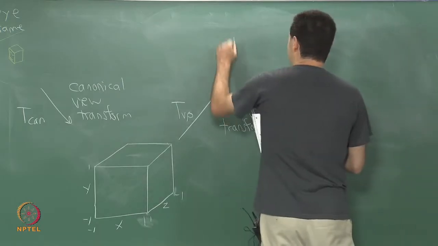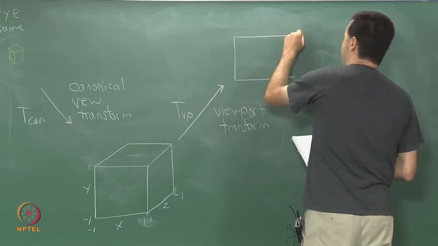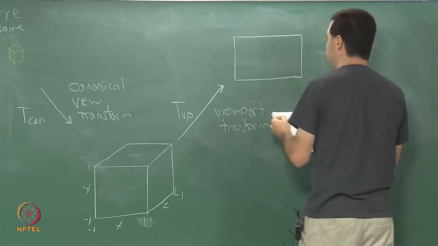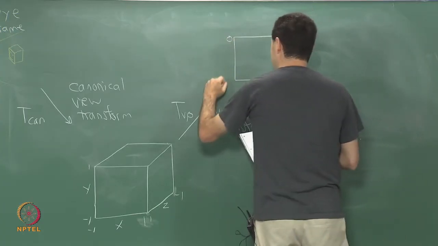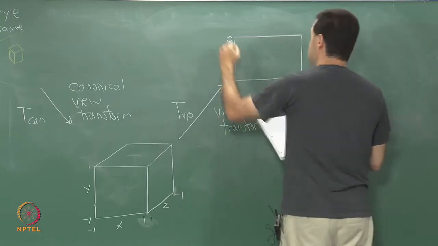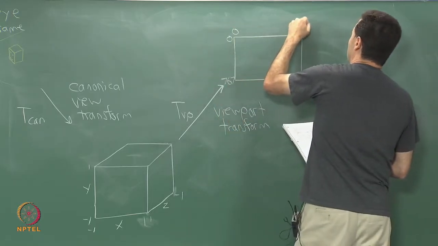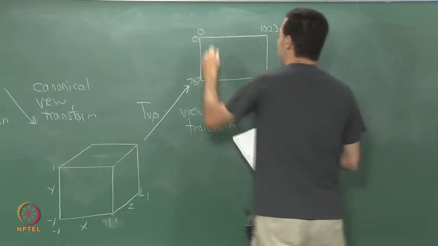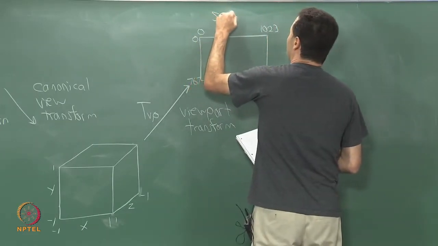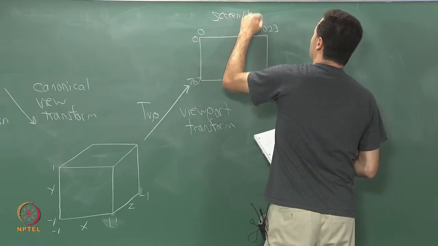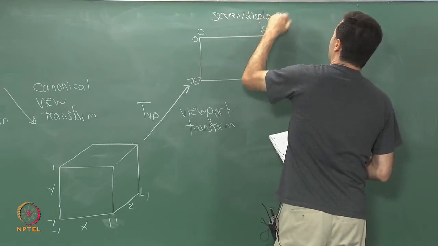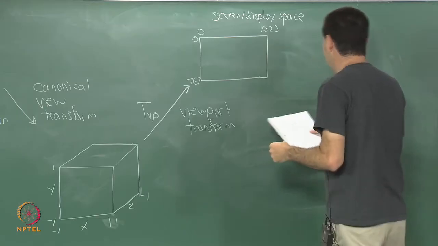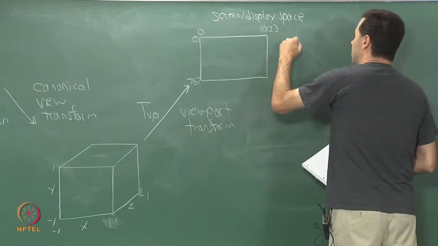And when we get up here now, we're finally in some kind of nice screen space. I'm just writing some numbers there just to get you thinking about resolutions. And so this is the screen or display. In other words, you have pixel coordinates.